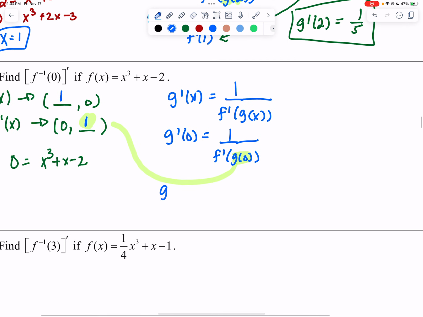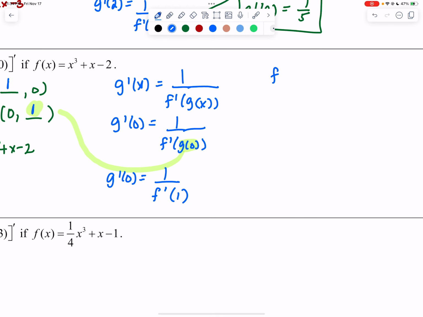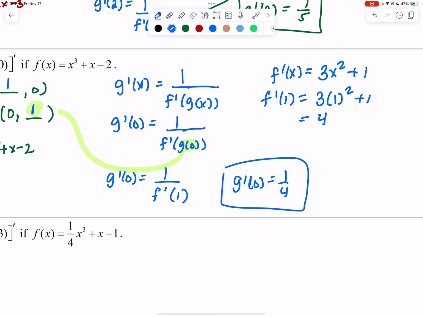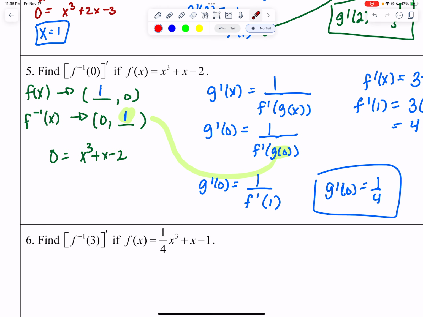So now I have g prime of 0 is equal to 1 over f prime of 1. Okay, guess what? We got to take the derivative now. And then we got to find out what the derivative is at 1, which you'll see will give us 4, meaning that g prime of 0 is 1/4. Or, once again, g prime of 0 is the same thing as saying the inverse derivative at 0 is 1/4.